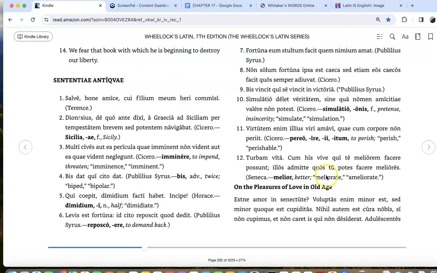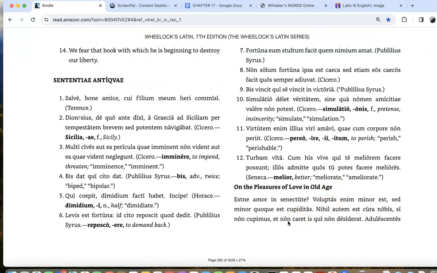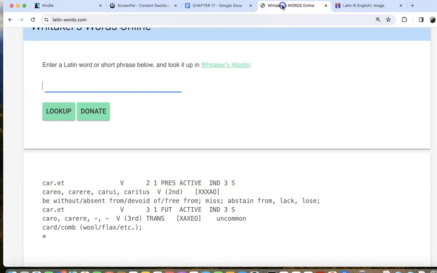So if we go back to here, but he is not without care who has not desired. So this one is going to be kind of tricky to translate here. The meaning is clear, but how to translate in English, we have to figure this out here.